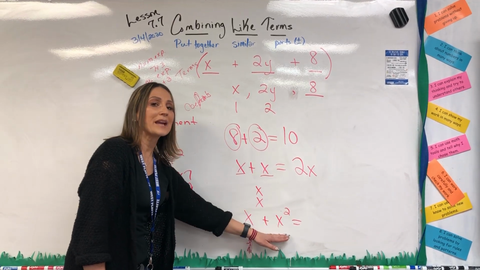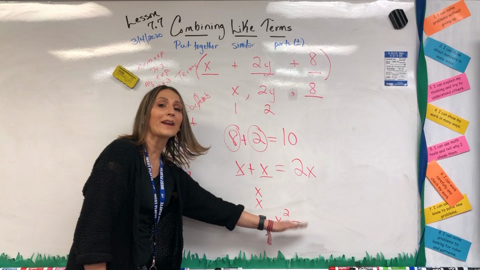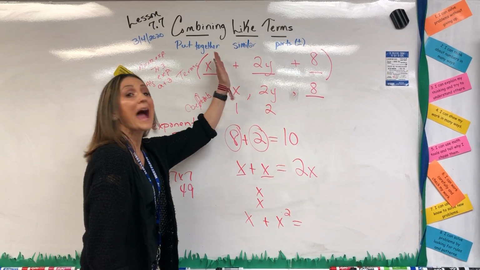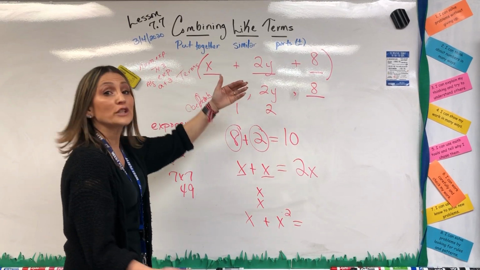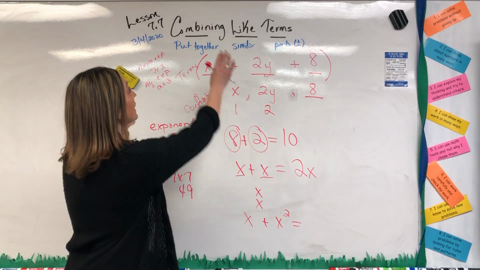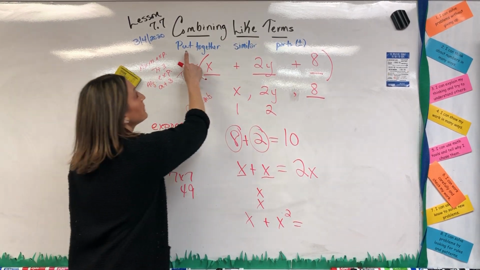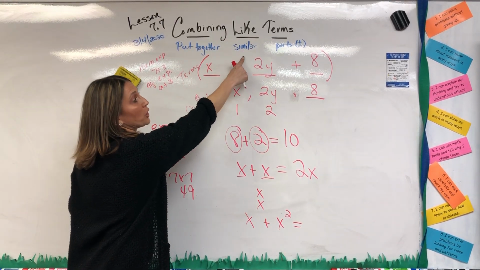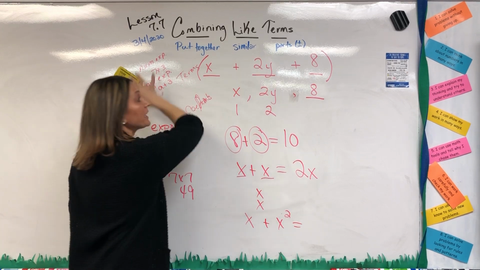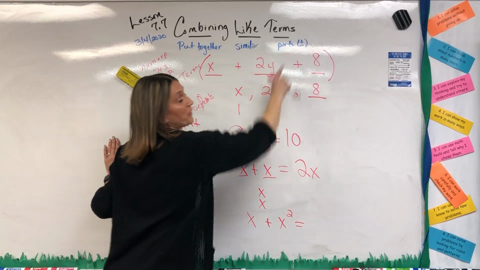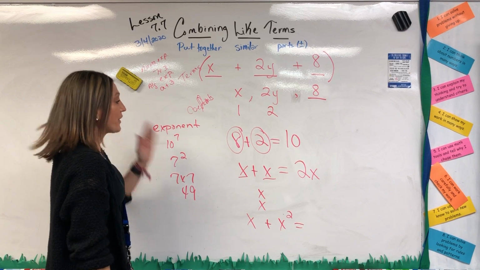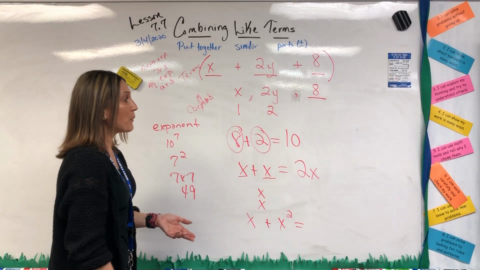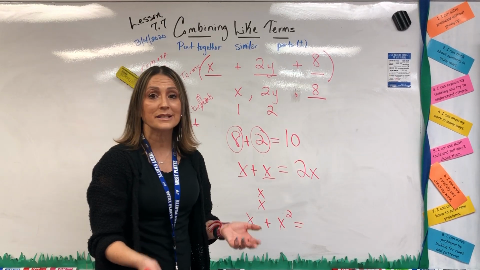I will not get the same value for those, so I cannot combine them. And that is what we're working on. Your students were able to define this for me: combining like terms means to put together similar parts in an expression when we're working with addition and subtraction.